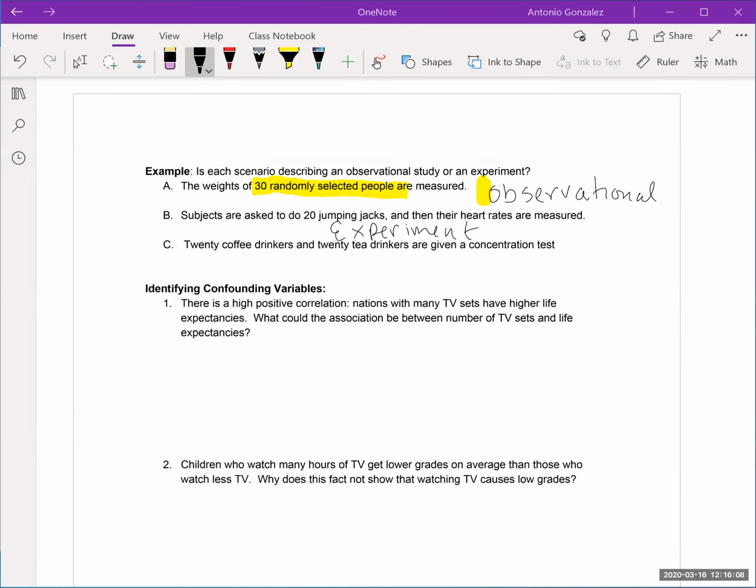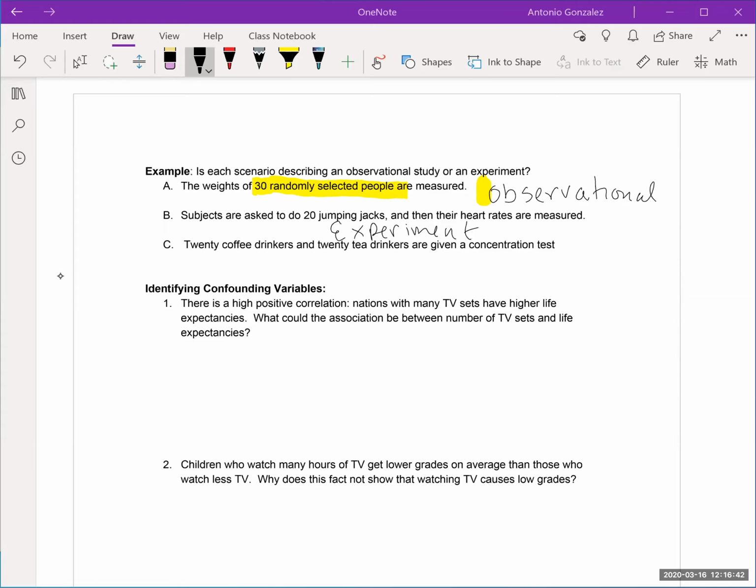Okay, and then notice here in part B how that makes an experiment. We asked our subjects to do 20 jumping jacks, and then we did a measurement. So let's take a look at part C then. It says 20 coffee drinkers and 20 tea drinkers are given a concentration test.